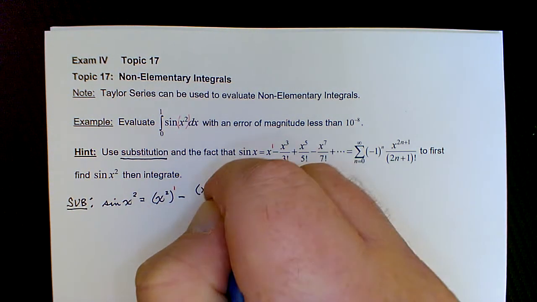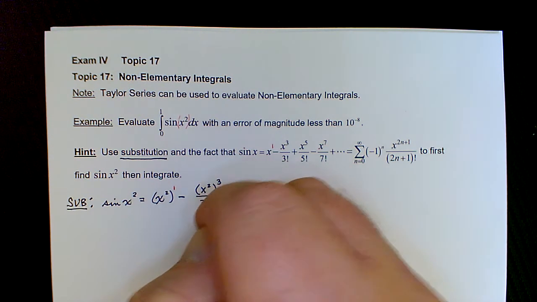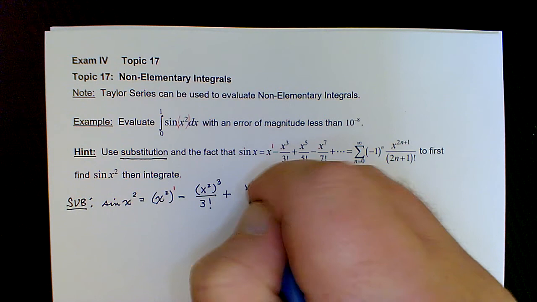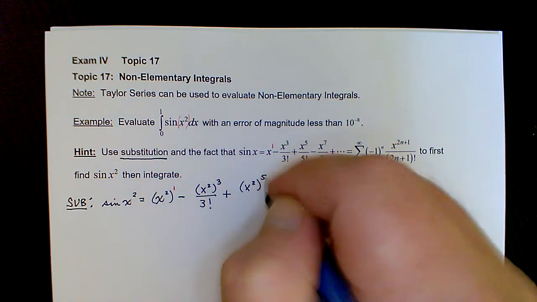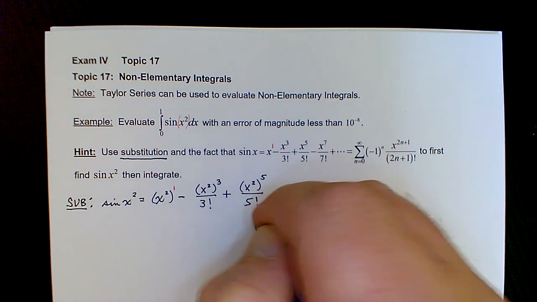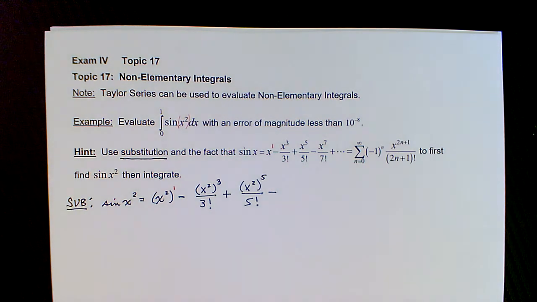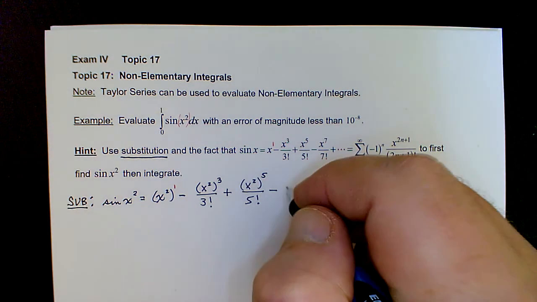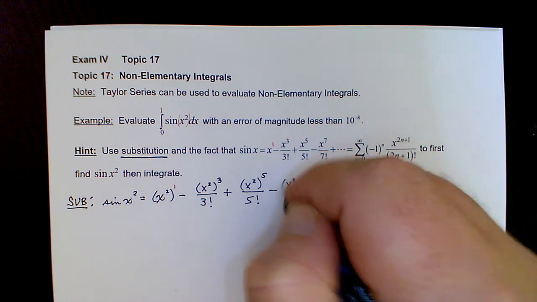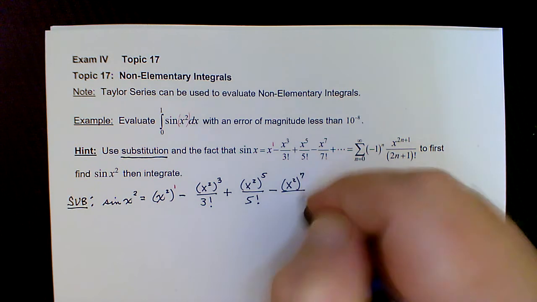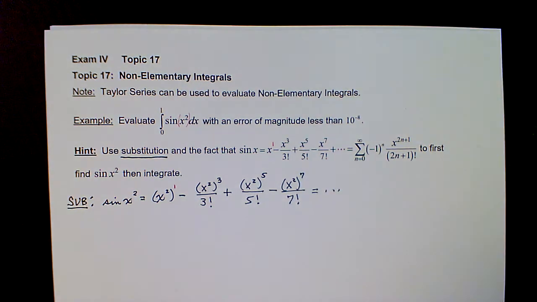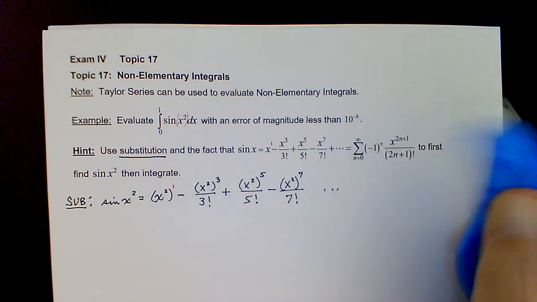We get x squared quantity cubed over 3 factorial plus the next term, x to the 5th, but x is x squared, so x squared to the 5th over 5 factorial, minus the next term, x to the 7th over 7 factorial, but x is x squared, so x squared to the 7th over 7 factorial, and so on. It's not an equals, it's supposed to be a plus.